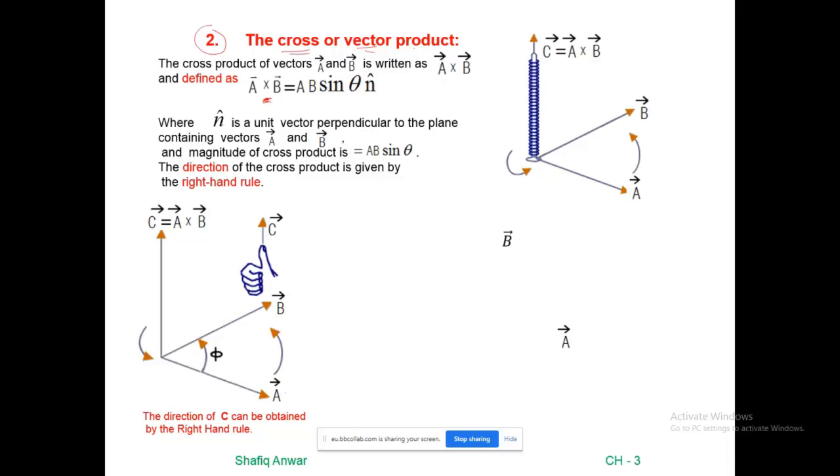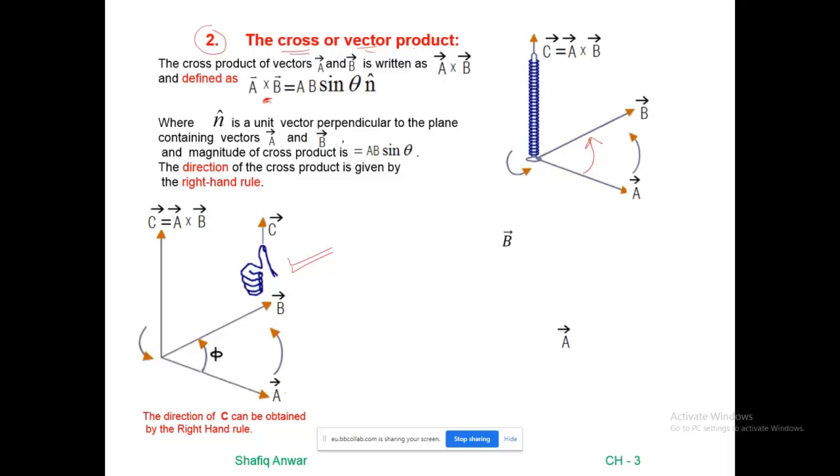As you see here, n is a unit vector perpendicular to both vectors' plane. If you have, for example, this A vector and this B vector, and you move your fingers from A vector to B with the right hand thumb rule, your thumb indicates the upward direction.